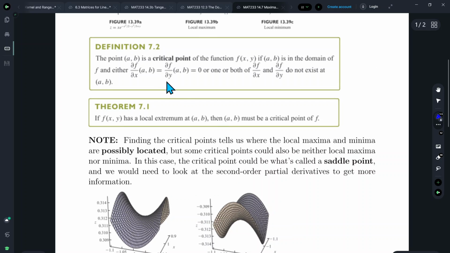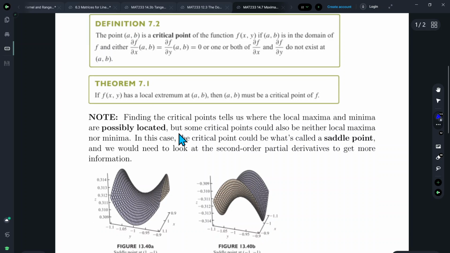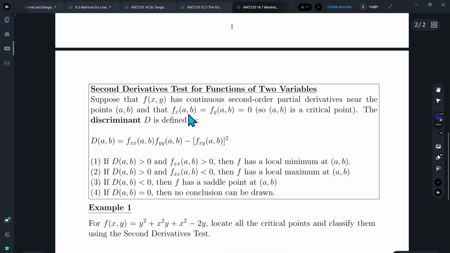The first order partial derivatives tell us the critical points. So what about the second order partial derivatives? Similarly to Calc 1, we also have a second derivative test for functions of two variables. Because we have different second order partial derivatives, the calculation is a little more complicated.